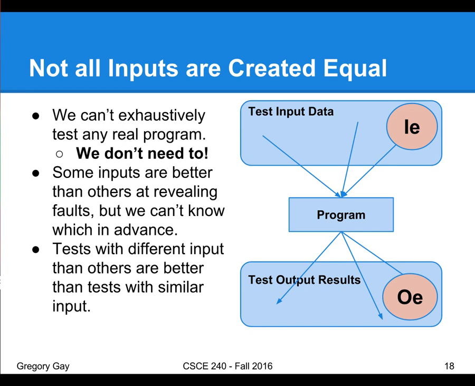We can't prove that last one is any more likely to reveal a fault, but it's going to be better than choosing another string that's less than 60 characters, right? You're hitting two different outcomes right there. And that's a start. We're covering a wider range in the input space, right? So at the very base level, tests with different input are favorable over multiple tests with very similar input.